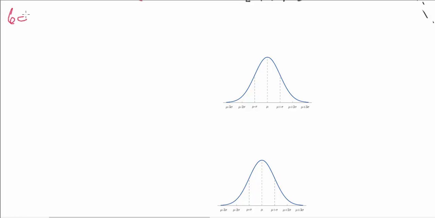6C is a little bit more complicated. It's asking for the proportion of scores between z equals negative 1.50, and we can just change our color here, and z equals positive 1.50. So again, draw out your normal distribution, label those standard deviations to make it the standard normal, and then let's just look at what our z-scores are.